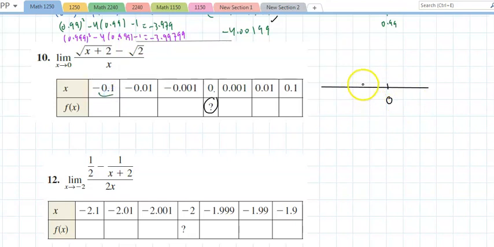They picked negative 0.1 and negative 0.01 and negative 0.001. Then they went on the right hand side and they went to 0.1, 0.01, and a lot closer. So here you'll notice that x is approaching 0. That's why we're picking numbers around 0.